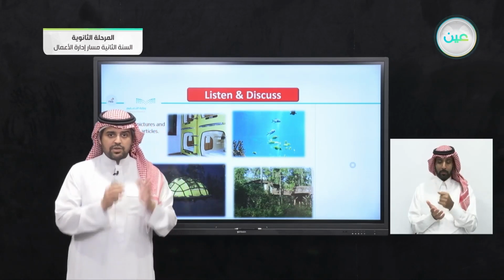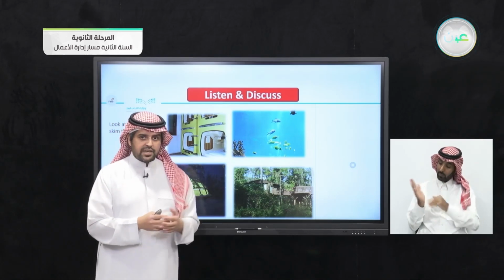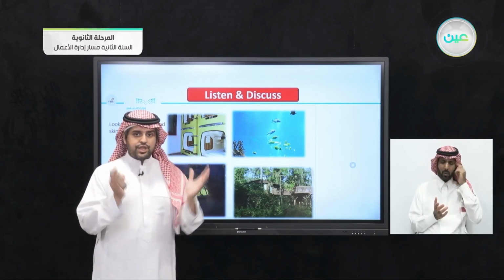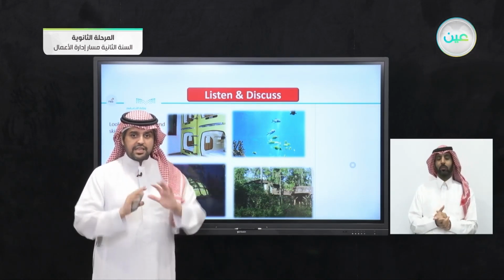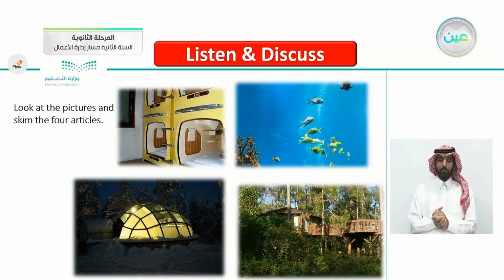It doesn't mean to read every single detail. It means just to read quickly, just to get the main theme. So again, look at the pictures and then go to the 4 articles related to these pictures, and skim read the 4 articles.